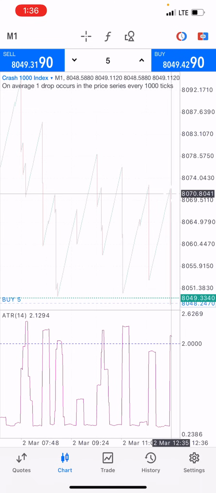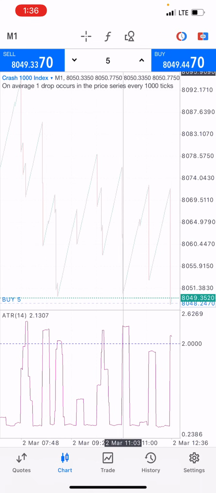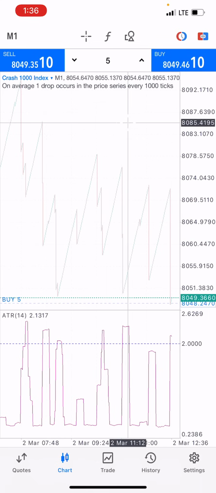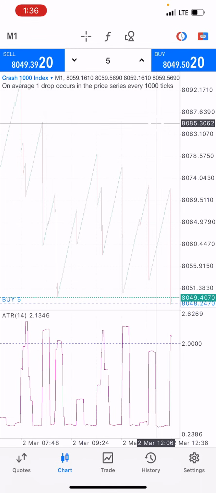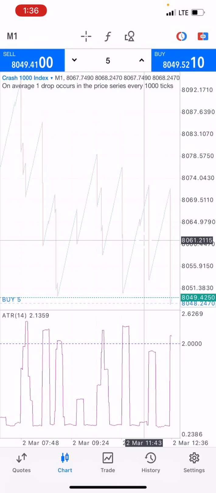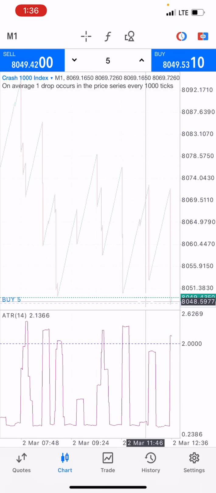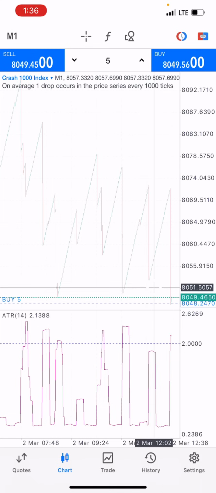After the 6 candles, it will be $3 times 6, which is $18. So we'll be getting $18 for the 6 candles.